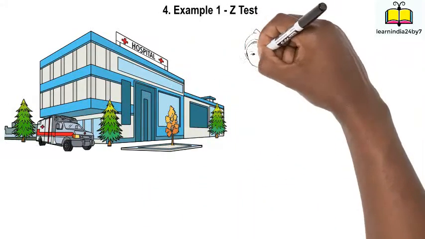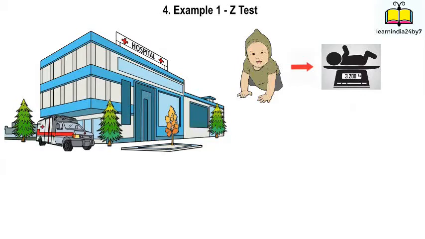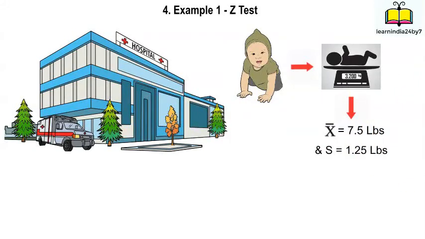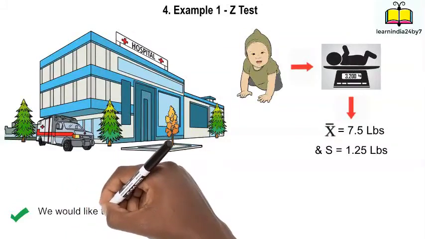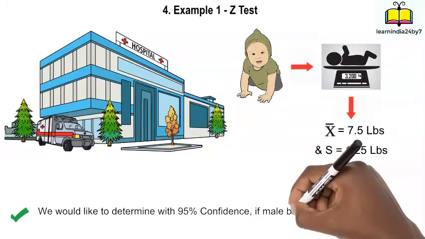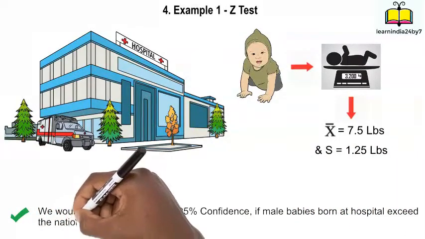The national average weight of male babies is 7.5 pounds with a standard deviation of 1.25 pounds. With this data, we would like to determine with 95% confidence if male babies born at this hospital exceed the national average weight of male babies.